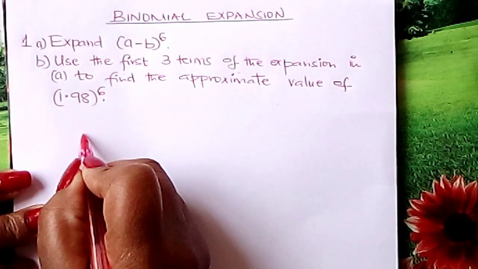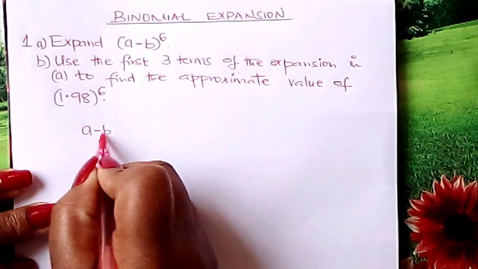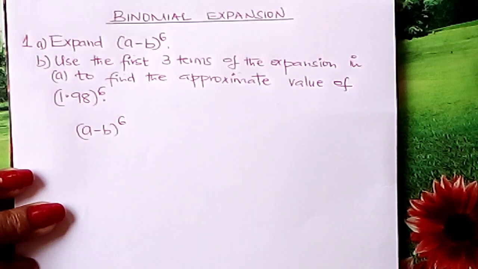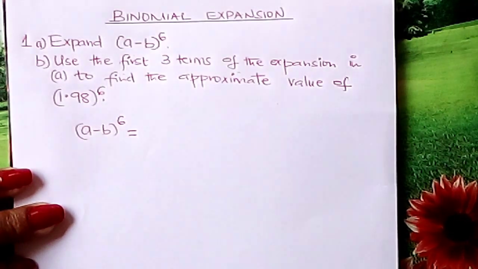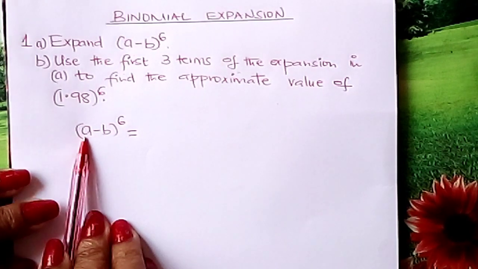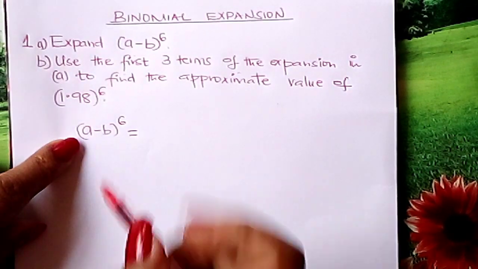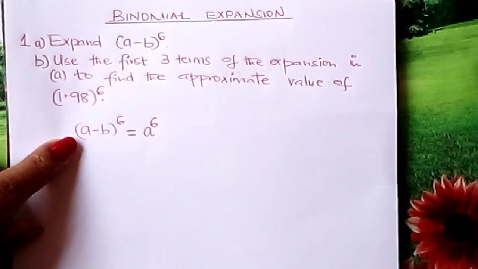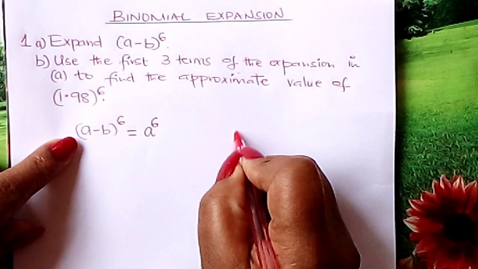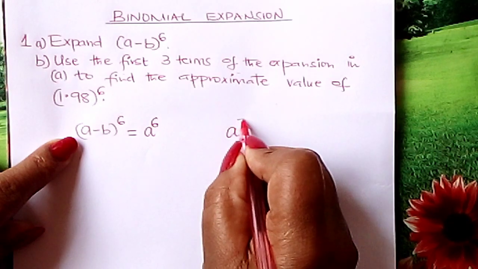So you are told to expand A minus B raised to 6. Learner, how do you expand this? You go to the first term here. You write A raised to the highest power, which is 6. You go to the second, you write A raised to 5.